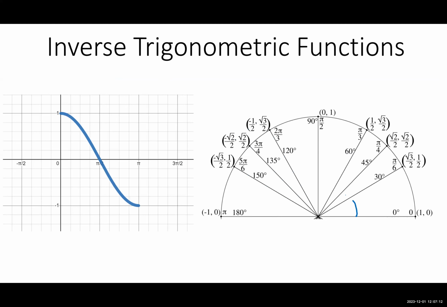This is an angle of pi. Pi is half the circle. So to talk about the inverse cosine function, the inverse of y equals the cosine of x, then we could only consider this interval in the domain, 0 to pi.